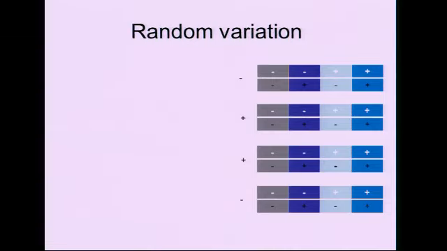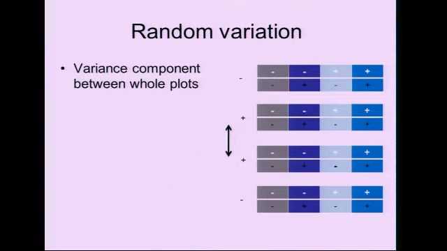This is about the systematic variation. We want to construct a model reflecting the effect of these factors. Now about the random variation, as Peter also has shown you, there are 2 variance components: there's a variance component between the whole plots, supposedly caused by the fact that it is very hard to change the hard-to-change factors in a completely reproducible way.